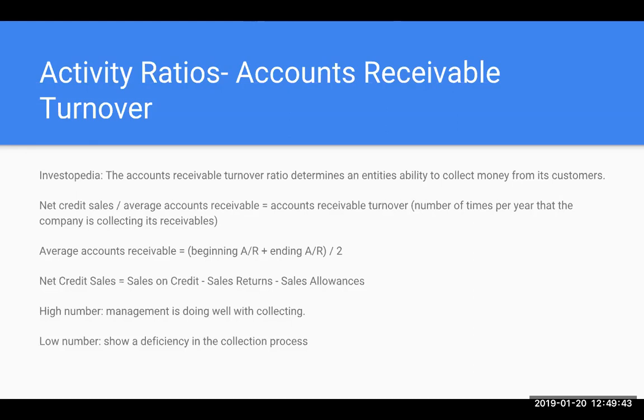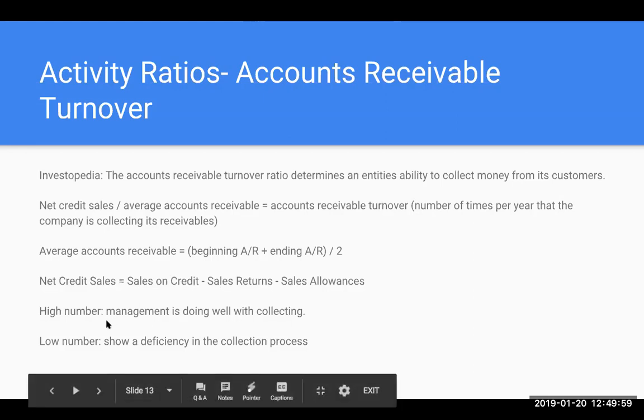So here I have my net credit sales divided by my average accounts receivable, which gives me my accounts receivable turnover. Net credit sales are sales on credit minus sales returns minus sales allowances. If the number is high, management is doing well with collecting. If it's low, there may be a deficiency in the collection process.